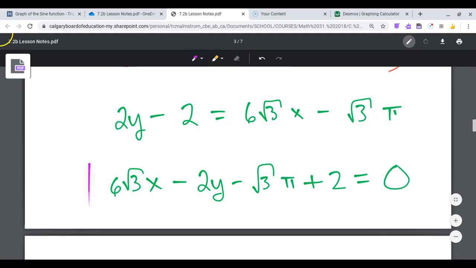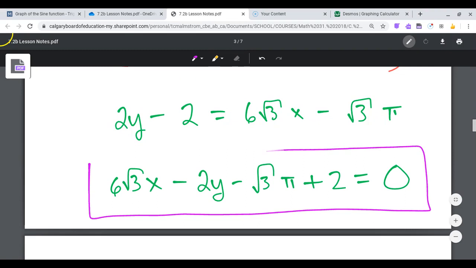And there's my lovely general form equation for the equation of this tangent line of y equals sine x on cos 2x, where x is equal to pi on 6. That's the point of tangency. Very ugly looking equation, but we found it.